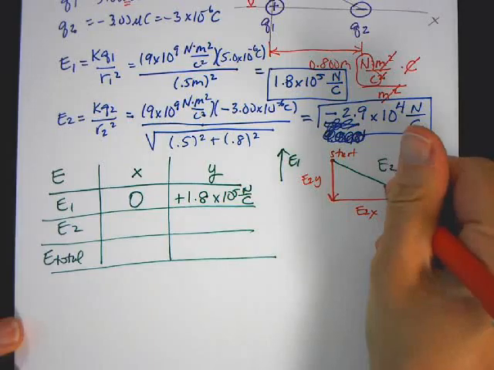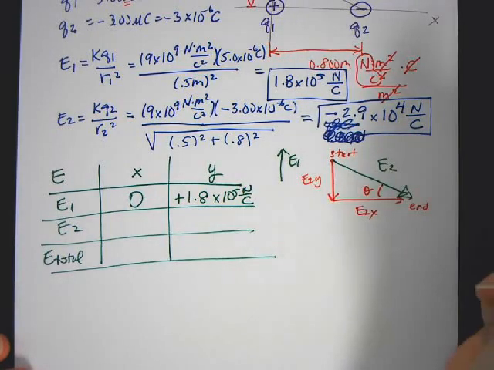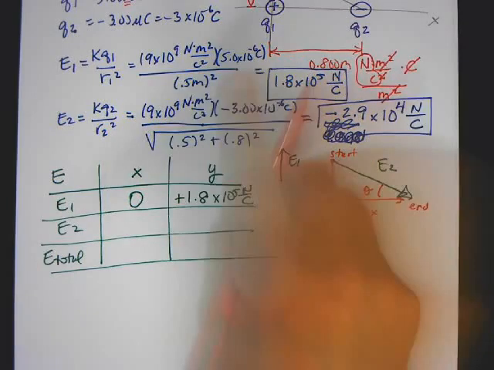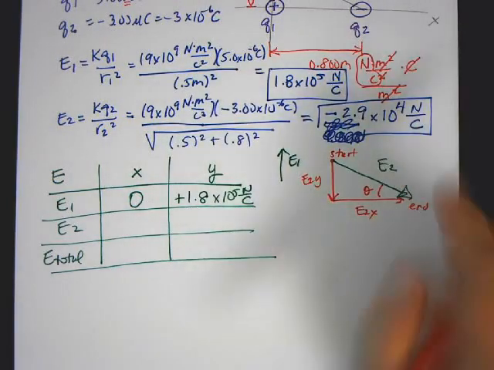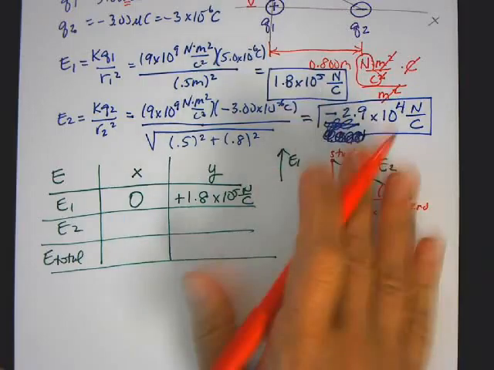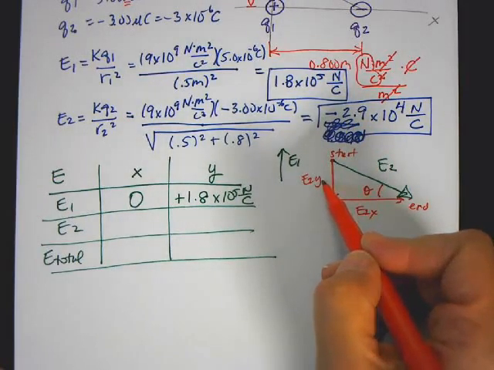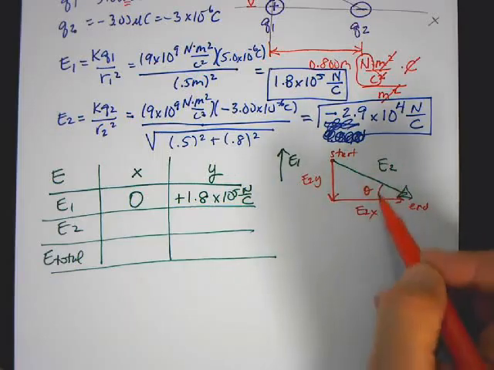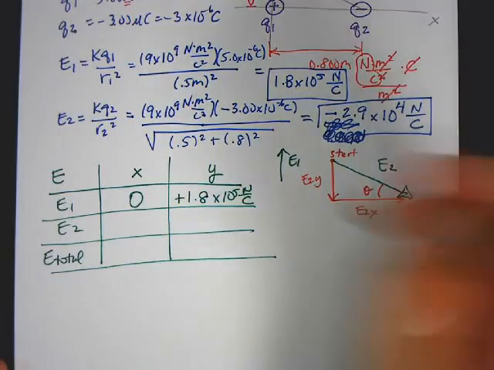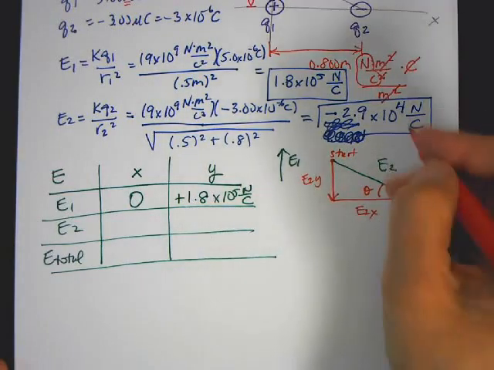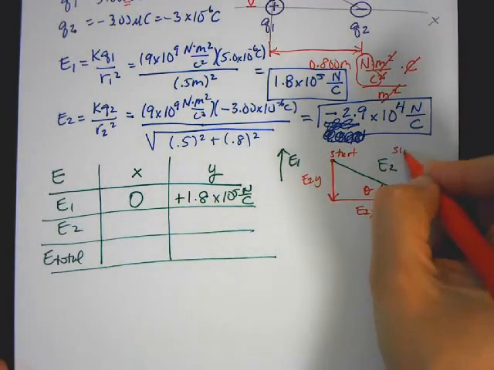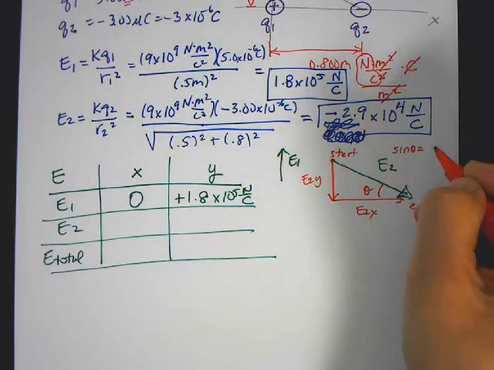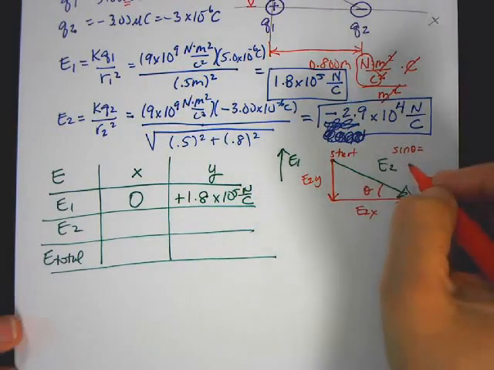Now, I can do it any way I want. If I want, I can find this angle here, theta, using the sides of the triangle. Like, I know that in the similar triangle, this was 0.5 and this was 0.8. Therefore, I can find this angle.